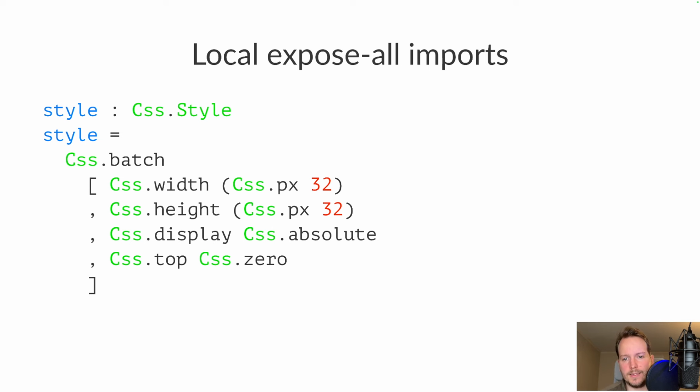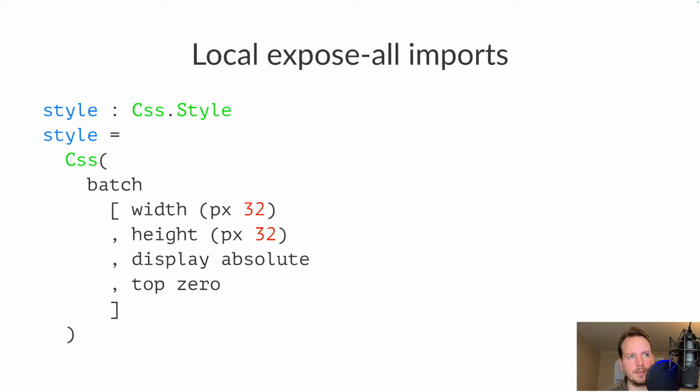So the idea is, it would be nice if I could expose everything from the CSS module as long as it was scoped to this definition. And that's the idea. So this is what it could look like. You do a reference to the CSS module, and then you use parentheses to essentially say that everything between these parentheses works as if I had exposed everything from the CSS module.